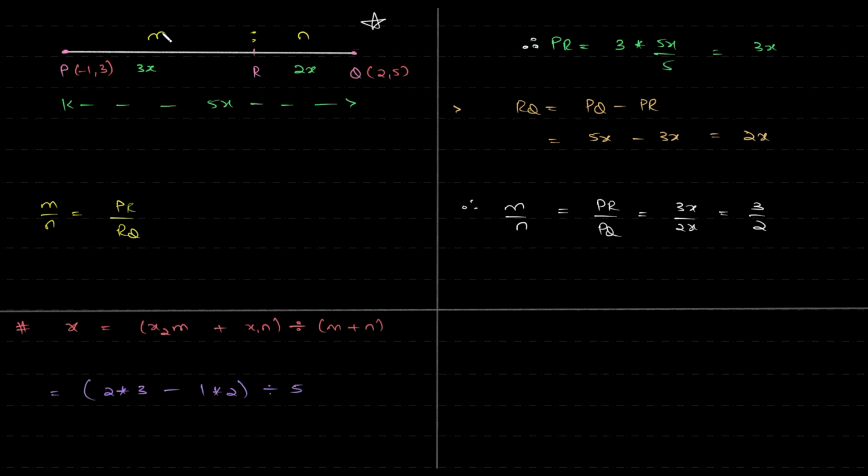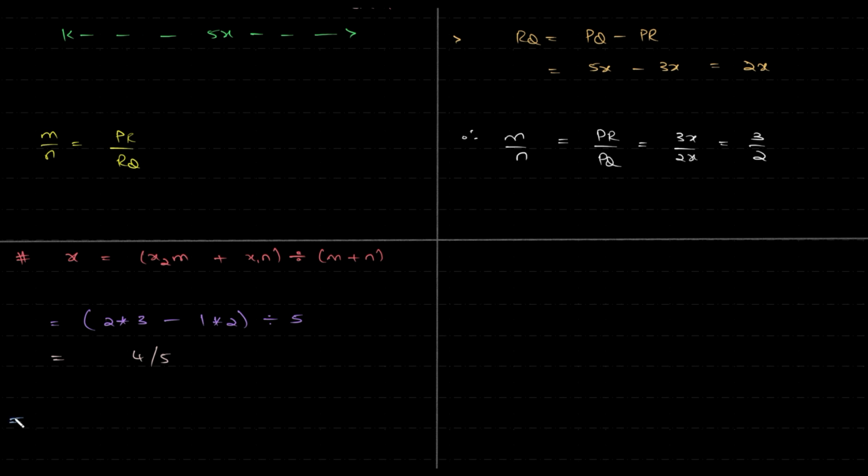So this is in the form of 3 is to 2. So 3 into 2 and 2 into minus 1. Yeah, it's correct. If not for this, it is very confusing. So 6 minus 2, that is 4 by 5. If you don't write it in a diagram, the calculation is kind of tough.